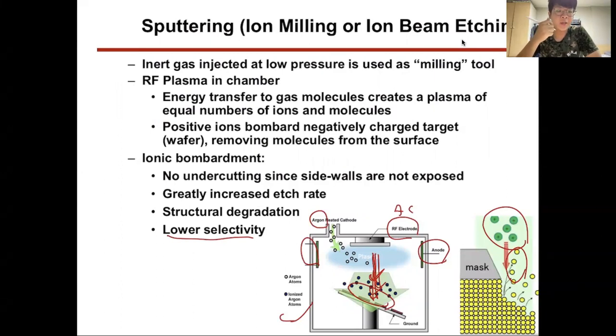They have very high energies, so there is not much to block those high energy beams. So it has low selectivity, and we can degrade the silicon structures like crystal orientations. It has a very fast etch rate, and is very anisotropic.